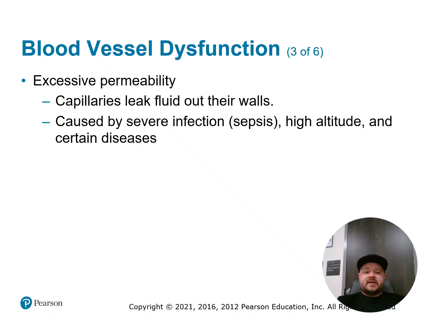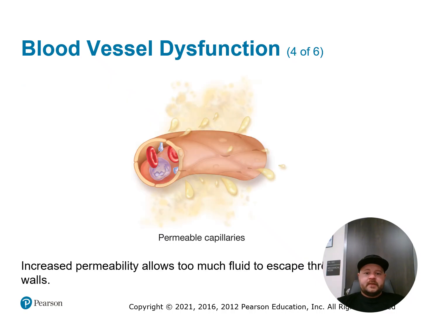It can be caused by severe infection called sepsis, high altitude, several other disease processes. So right here's a picture demonstrating that permeable capillary. Those cell walls are already thin, and once they start stretching, it allows them to be pretty permeable.